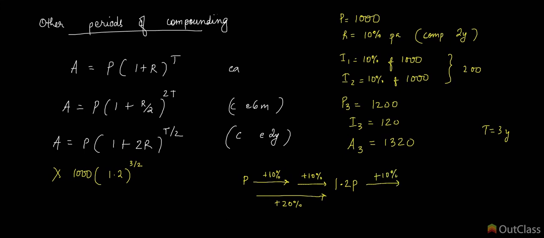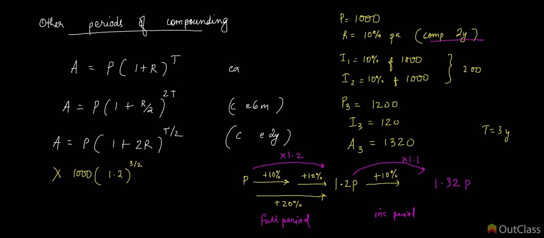So what's happening here essentially is you have a compounded every 2 years. You have a full period, and the full period has a scaling factor which is 1.2, and the incomplete period is only 1 year when the period of compounding is 2 years, and in 1 year you get 10%, so it's a multiplication by 1.1, and so your final answer is 1.32P.